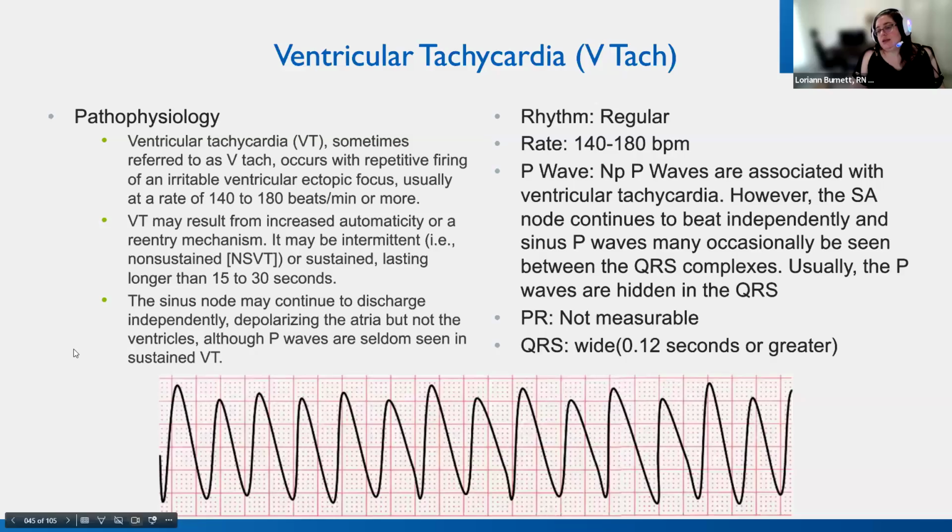All right. Now we get to talk about VTach, so ventricular tachycardia. Again, we talked about before, we're going to have our ventricular rhythm, so it's being controlled by the AV node, and we have a heart rate over 100. So first thing we're going to do is count the rate. We have a 6-second strip, and we're going to count.